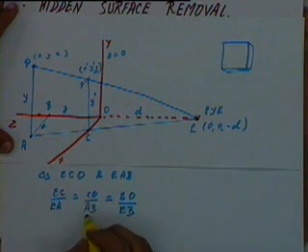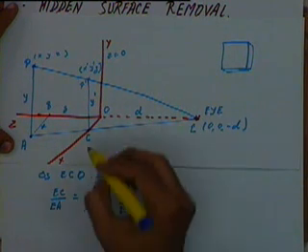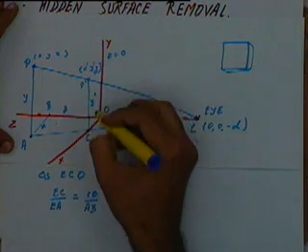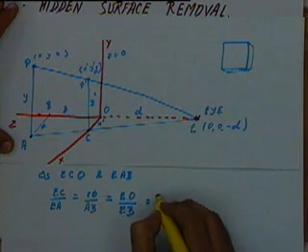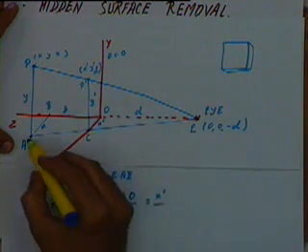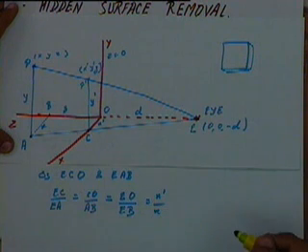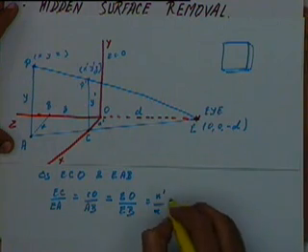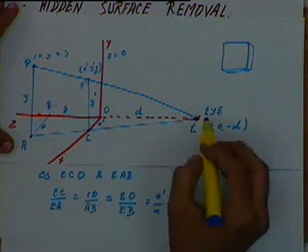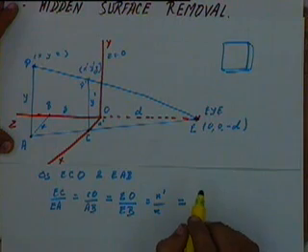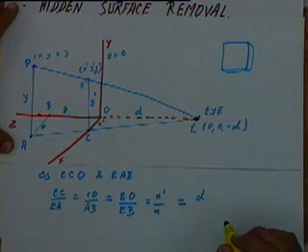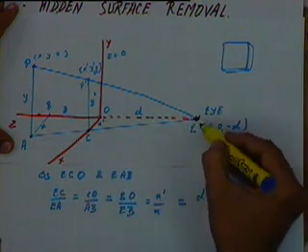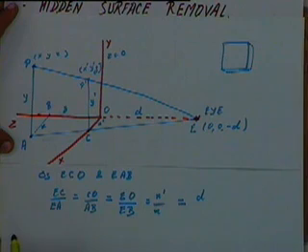Okay, so CO divided by AB, that is CO is nothing but x prime. So CO is x prime divided by AB, AB is x. Okay, this is equal to EO divided by EB. How much is EO? D. EO is the distance of the eye from the projecting plane.